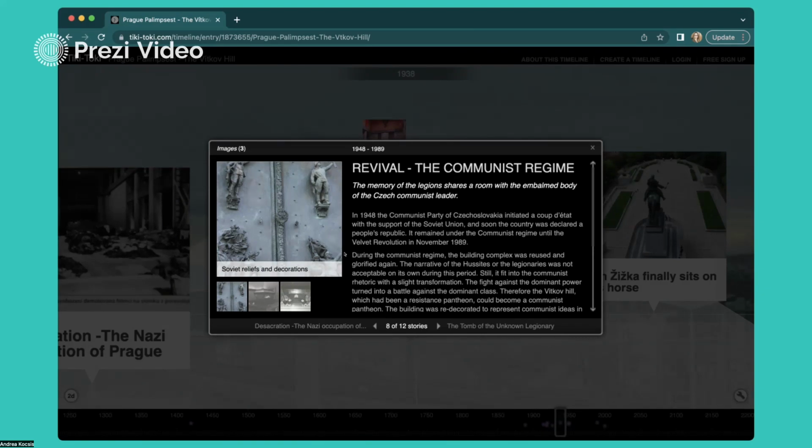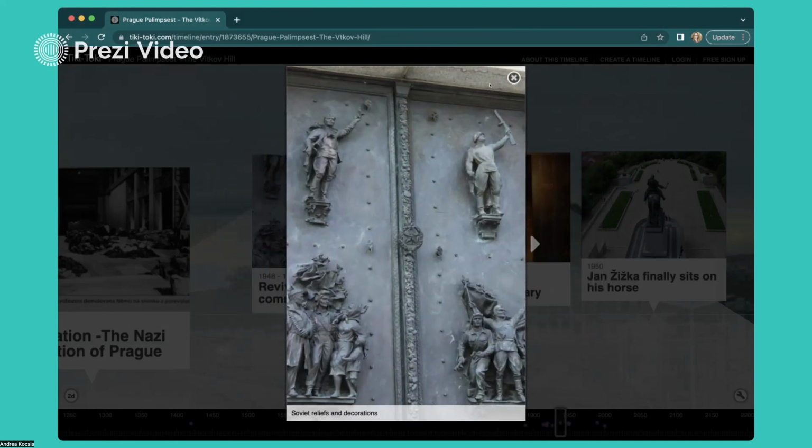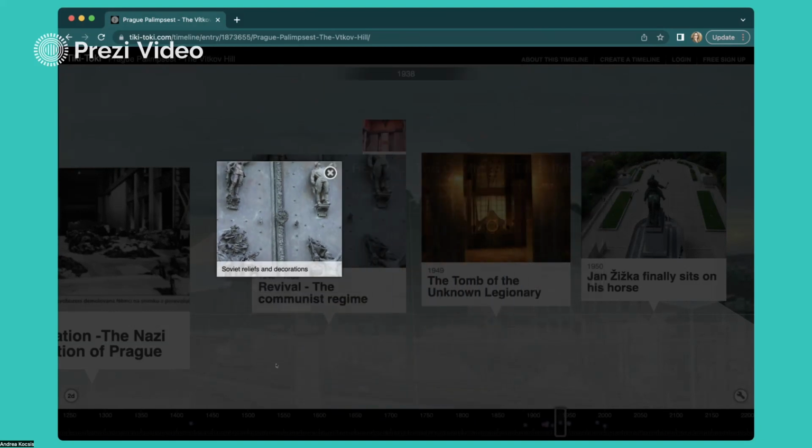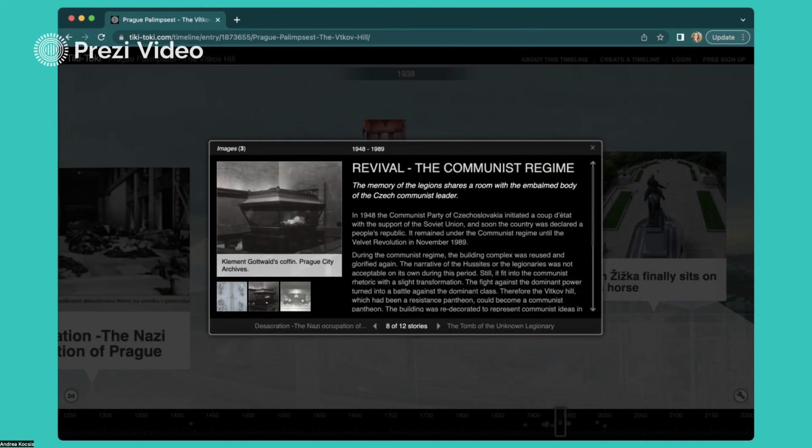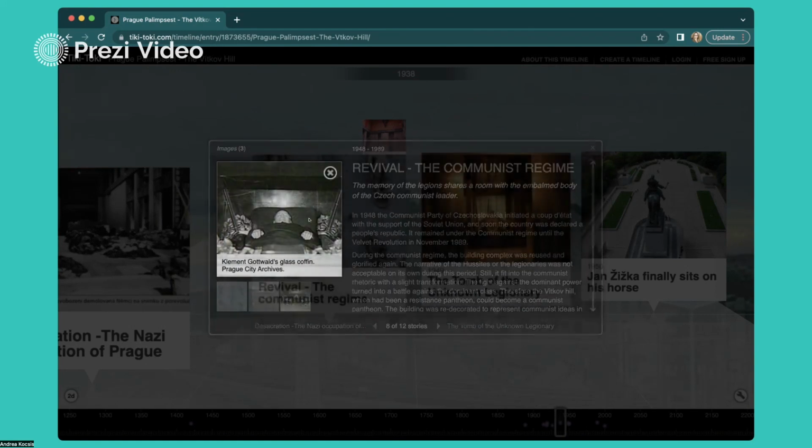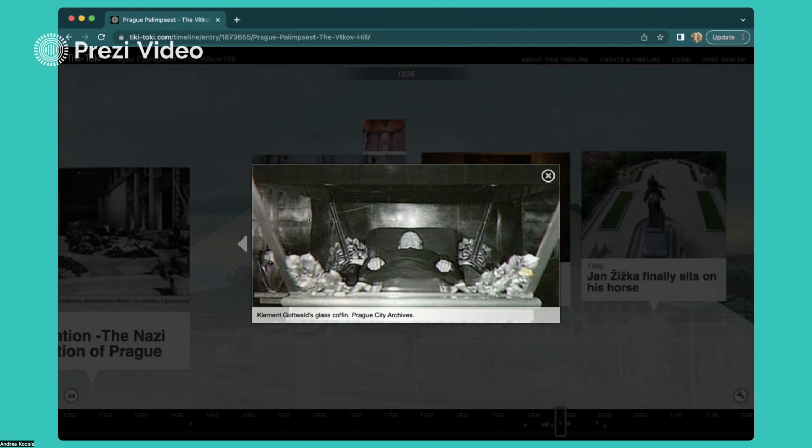It was redecorated richly in Soviet style, and they planned to turn it into the mausoleum of the Czech communist leader Klement Gottwald, whose embalmed body was indeed placed in the building in the 50s, in that chamber where they originally planned to place the body of Thomas Masaryk.